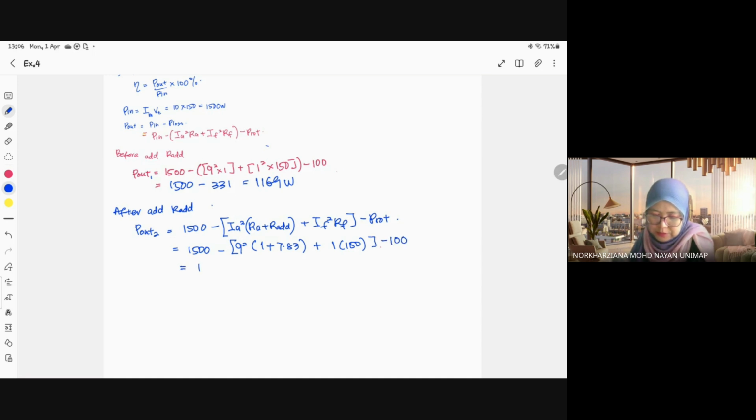Okay, so basically 1500 minus 965.23. Betul tak? Yang ni P out 2. Okay, betul. So it's 965.23.